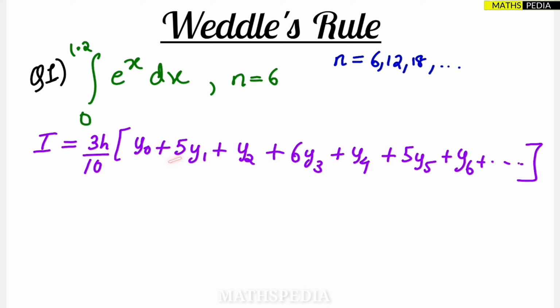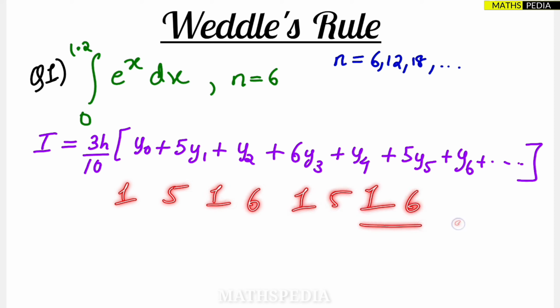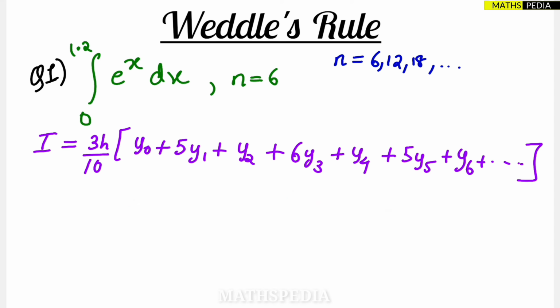Then y0, y1, y2, y3 and so on follow. The only thing you have to remember is the coefficients: 1, 5, 1, 6, 1, 5, 1, 6, and so on. You can remember it like 15, 16, 15, 16. That is also fine. Anyway, you can find your own way to remember Weddle's rule.